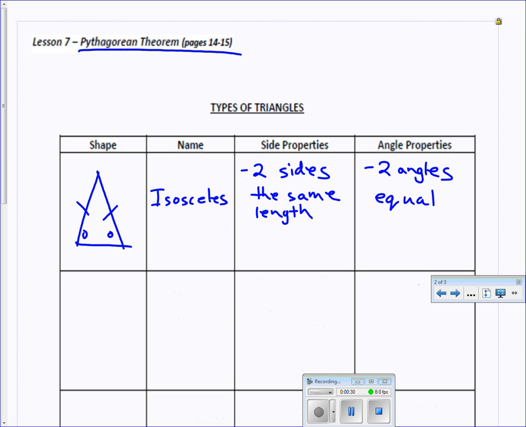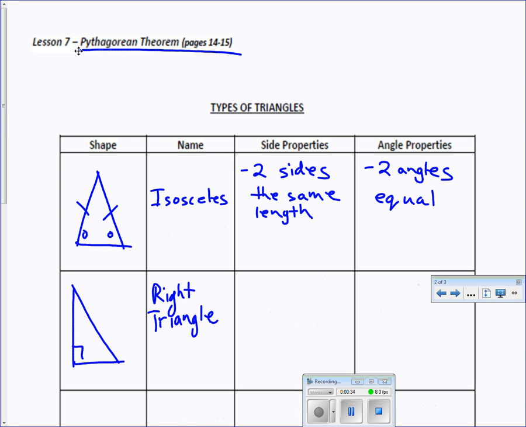Continue. Now, the next type of triangle that we're looking at is a right triangle. A right triangle has a right angle in the corner.